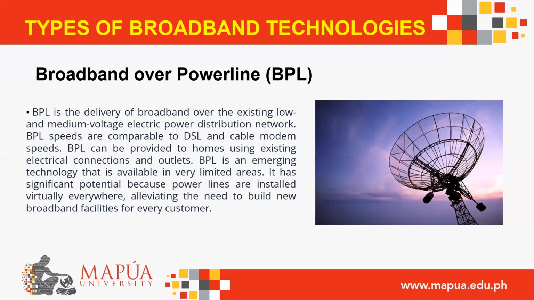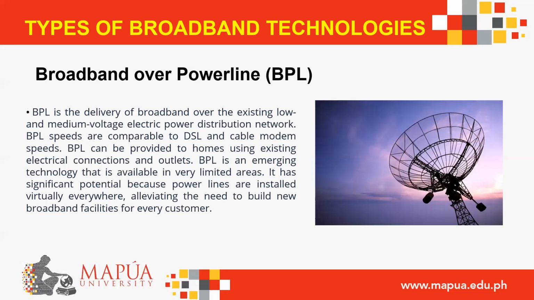And lastly, broadband over power line, or BPL. BPL is the delivery of broadband over the existing low and medium voltage electric power distribution network. BPL speeds are comparable to DSL and cable modem speeds, but BPL can be provided to homes using existing electrical connections and outlets.